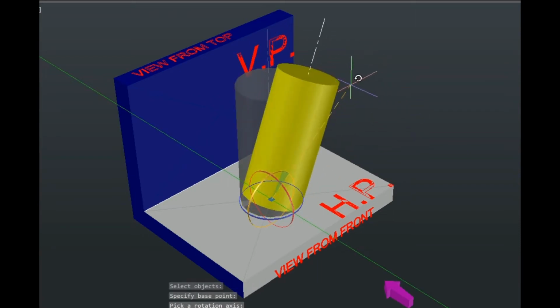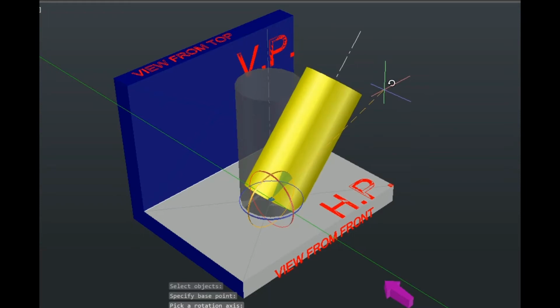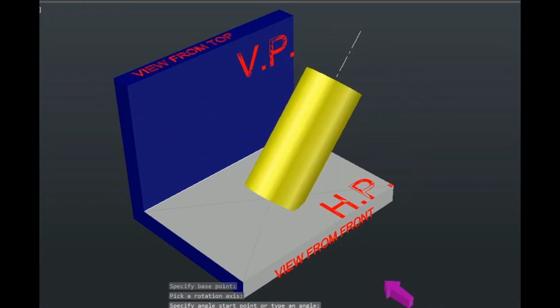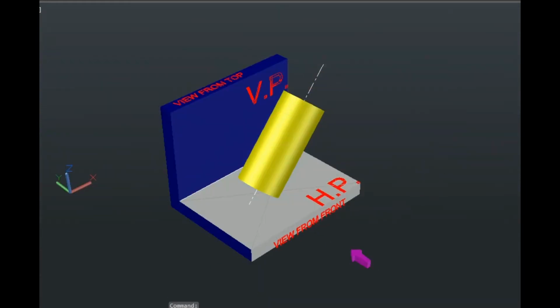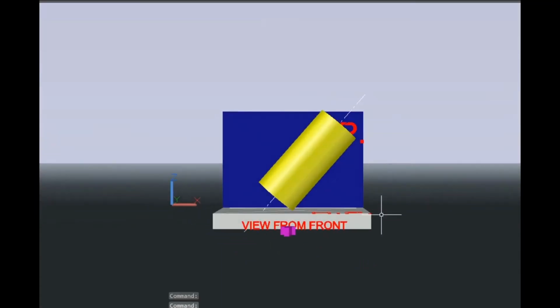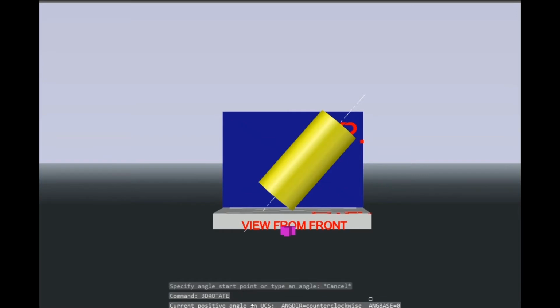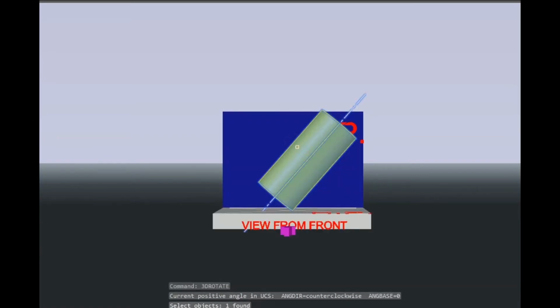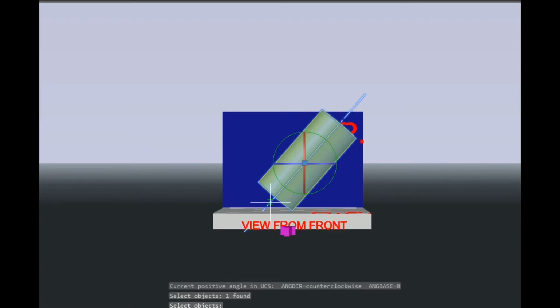You can see now I am rotating it a little bit so that it makes some angle with the horizontal plane. Not the exact 30 degree angle, but I am just rotating it. You see that now the position of cylinder is in such a way that only one of the points below is on the ground, on the horizontal plane, and the cylinder is inclined.